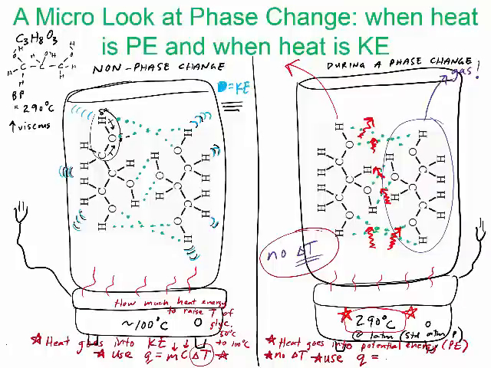Q equals, you still have to factor in the quantity. Obviously if you have a lot more, you're going to need more heat, so that's still a factor. Actually, usually this is n for moles, because typically you'll find enthalpy of phase changes in the typical unit in chemistry, kilojoules per mole.